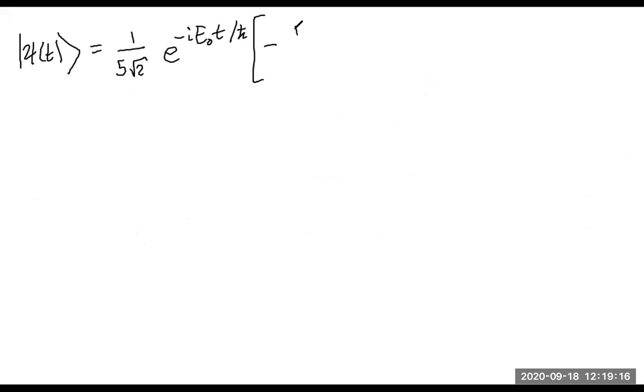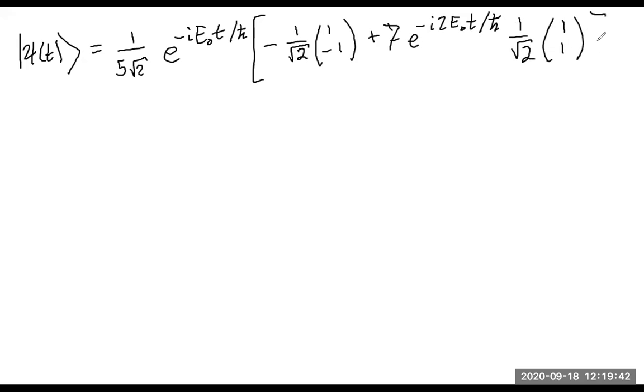E naught, remember, was 1 over the square root of 2, 1 minus 1, plus, now I had 7 e to the minus i 2 E naught times time over h bar, 3 E naught, which was 1 over the square root of 2, 1, 1.